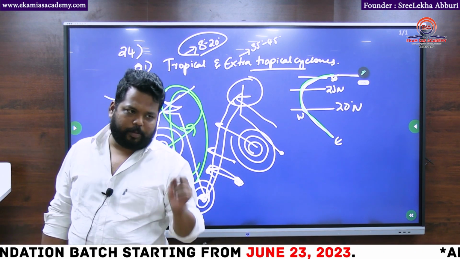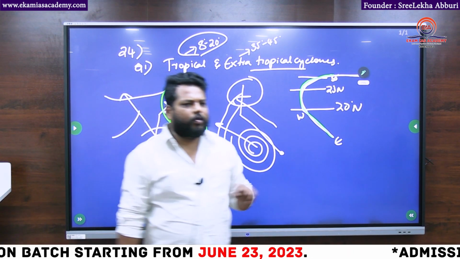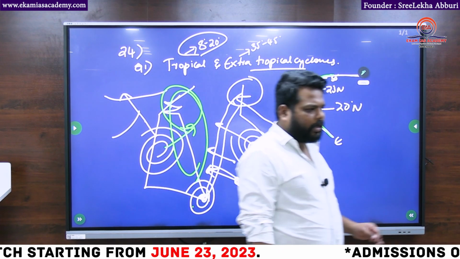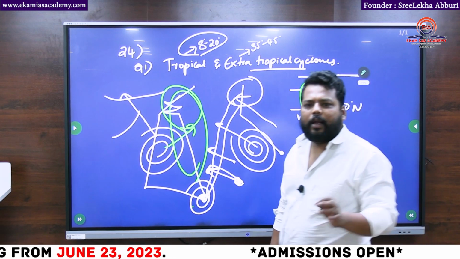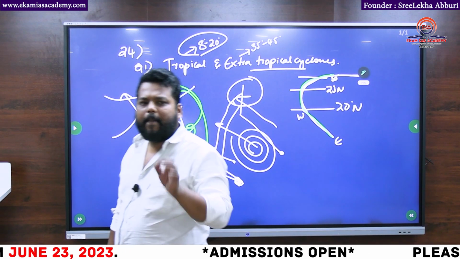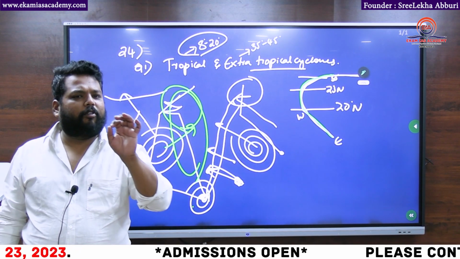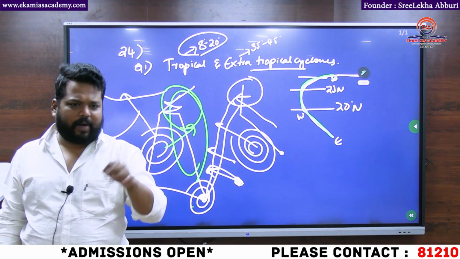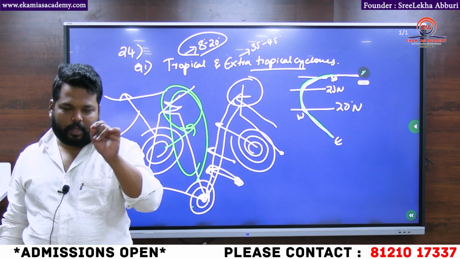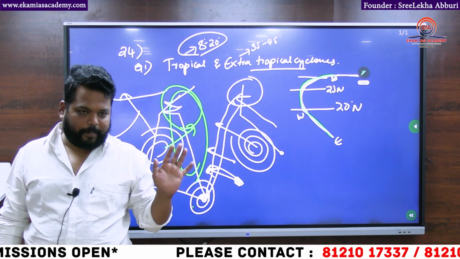UPSC has already posed this question: what is a tropical cyclone and why are most tropical cyclones found around the South China Sea, Bay of Bengal and Gulf of Mexico. Somewhere in 2013-14 they asked this question.